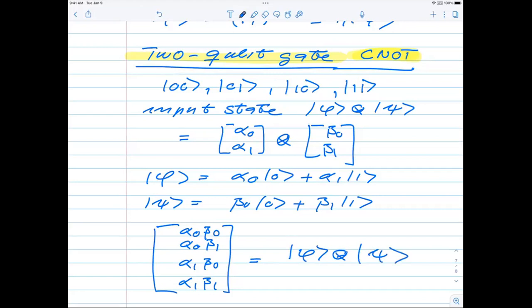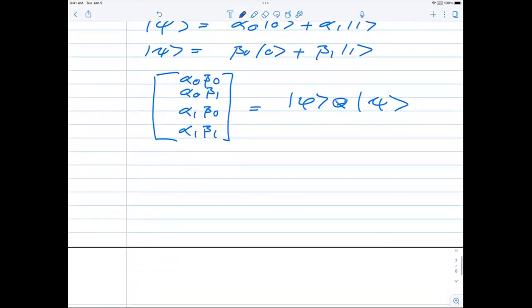And the way we are going to set this up now is in the following way. We're also going to make a drawing.